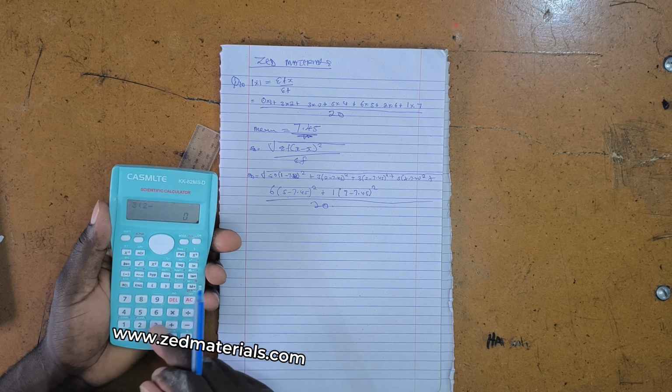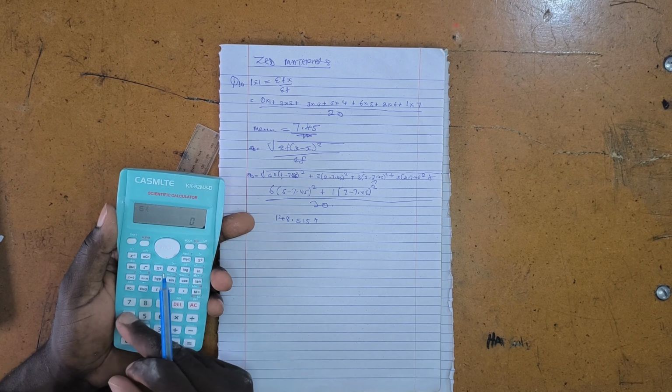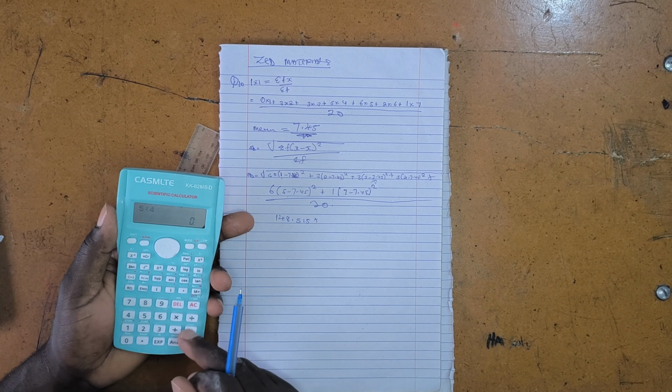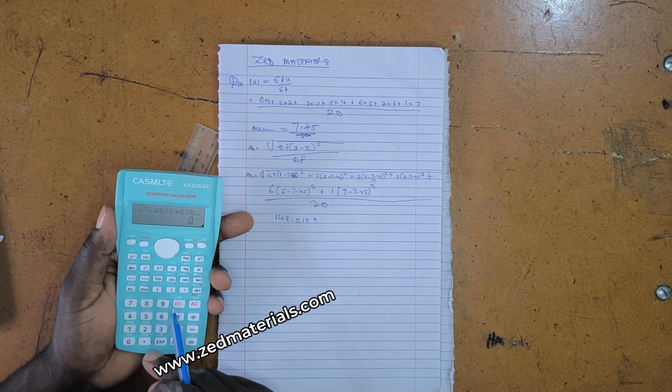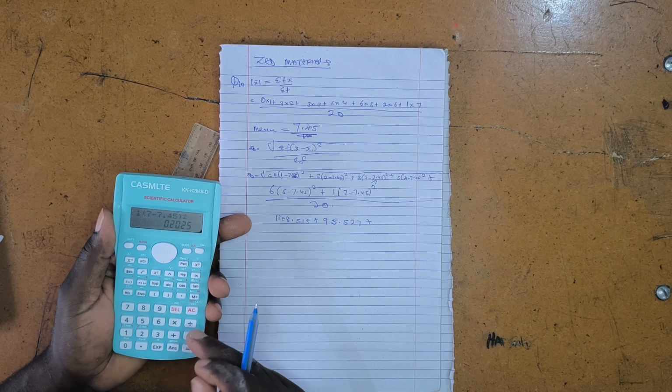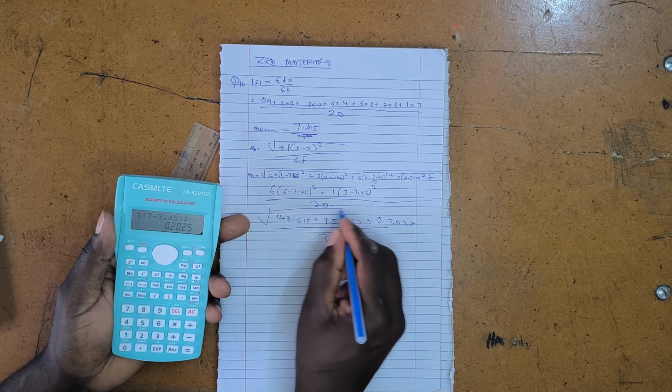Next, it is 5 open the bracket 4 minus 7.45 close the bracket to the power 2, plus 6 open the bracket 5 minus 7.45 close power 2 is equal to 95.527 plus 1 open the bracket 7 minus 7.45 close power 2 is equal to 0.2025, then over 20, this is the square root.